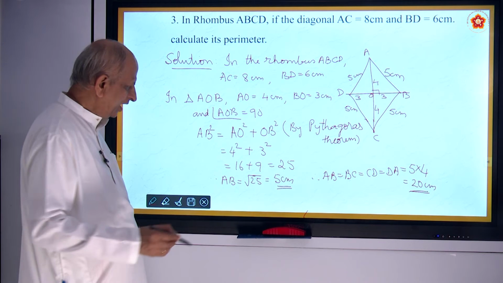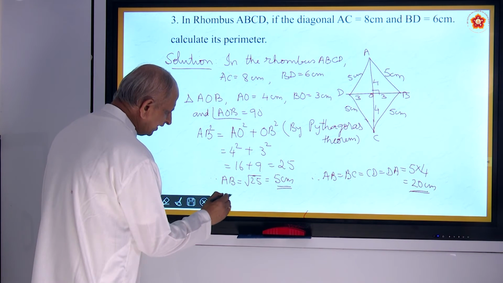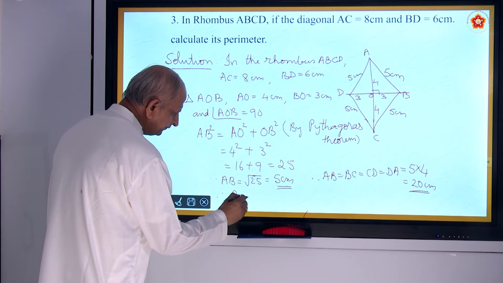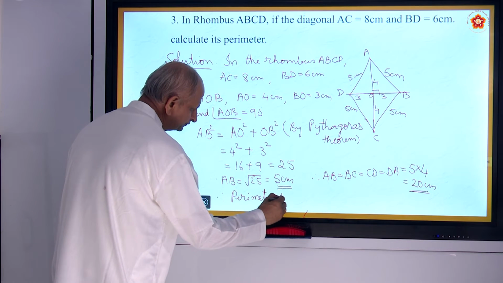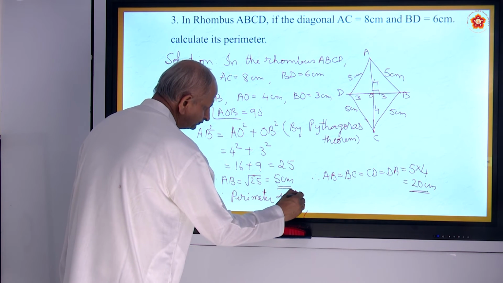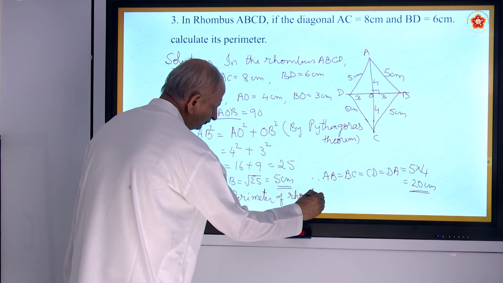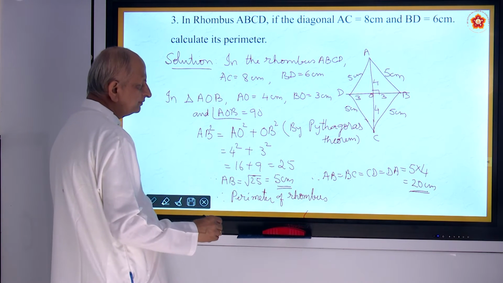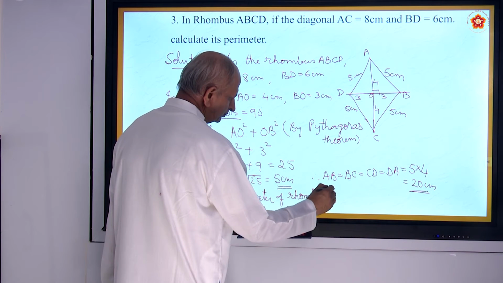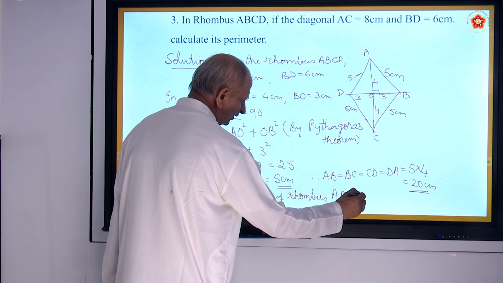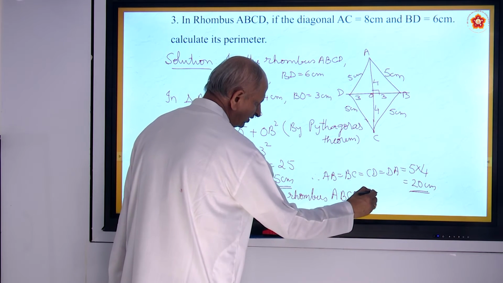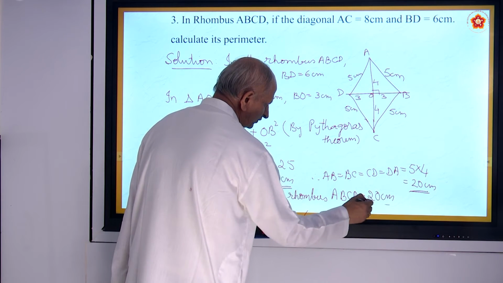Yes, it is called perimeter. So you got the answer. Perimeter of rhombus ABCD is equal to 20 centimeters. So that is the answer.